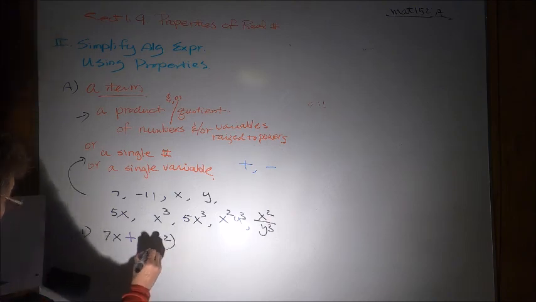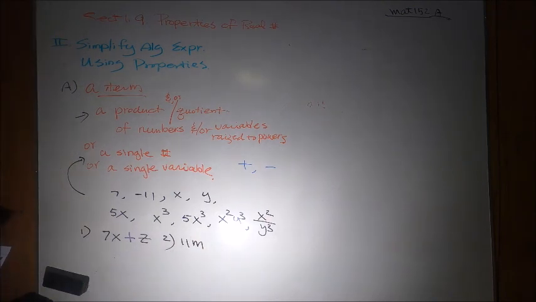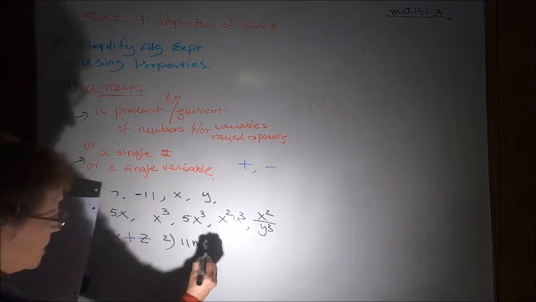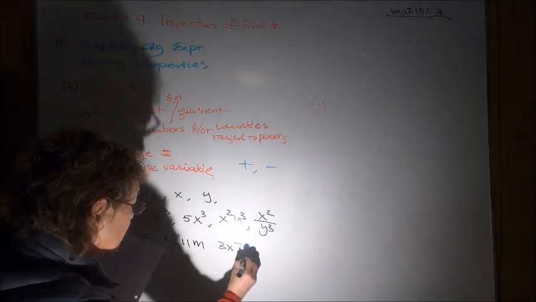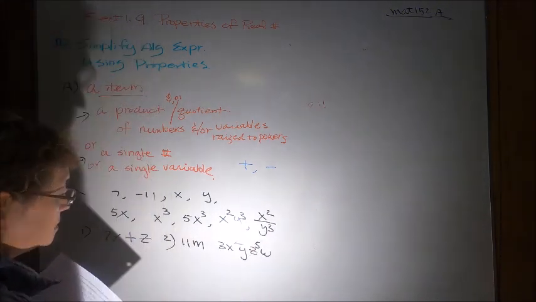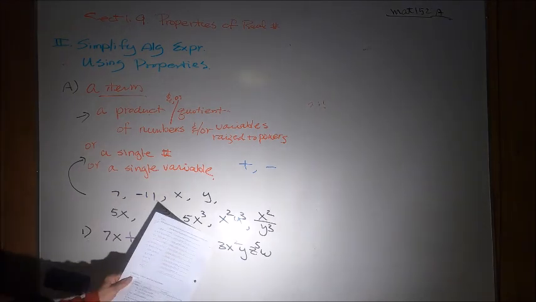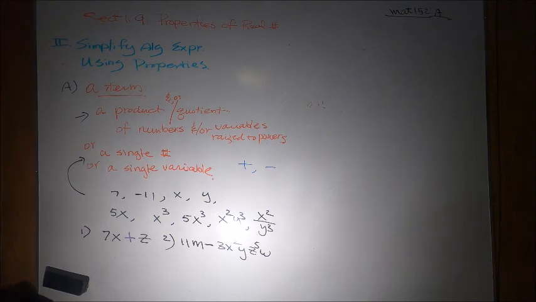If we have this, 11, how many terms I have? 1. If I have 3x squared, y, z, 5w, right? How many terms? 1. If I put a minus in between, it means what? 2 separate terms.